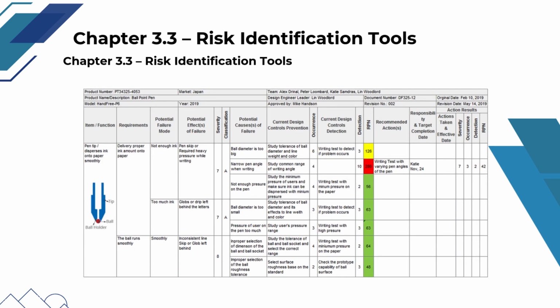This slide illustrates how risk identification is practically applied in DMADV using tools like Design FMEA, where we systematically analyze what could go wrong in a new design before it is built. Each potential failure mode is evaluated for its cause, effect on the customer, severity, occurrence, and detection to calculate risk priority.